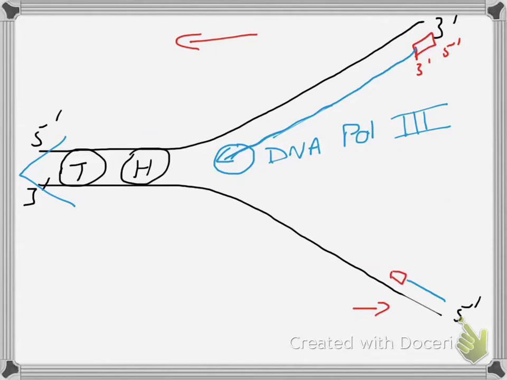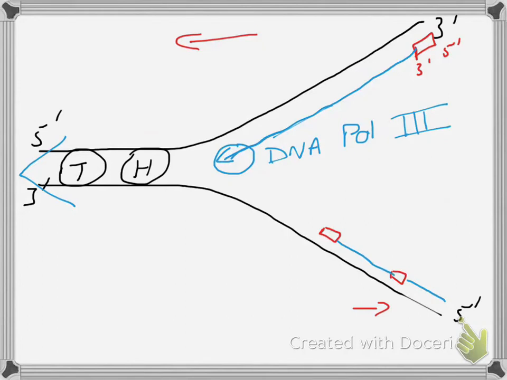Then we would synthesize the DNA. Then if we open up this black DNA, these black lines that resemble our initial template DNA, say to about here, we can put in a second primer. And then DNA polymerase will come in, and it will go until it runs into that first primer.